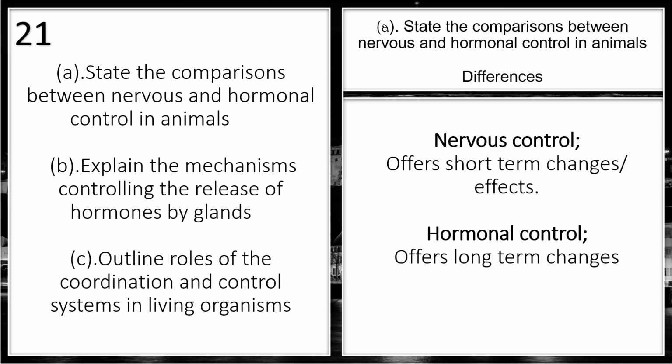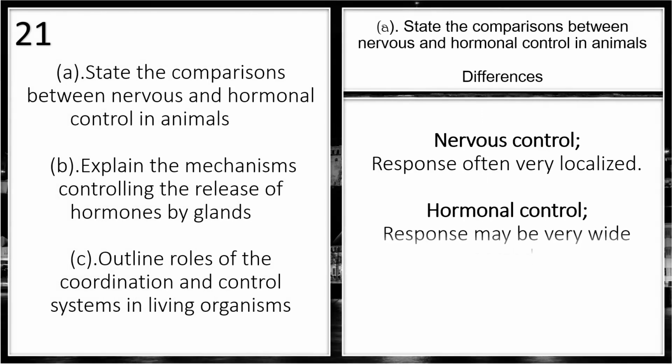Nervous control offers short-term changes or effects. Hormonal control offers long-term changes. In nervous control, the response is often very localized, and in hormonal control, the response may be very widely spread.